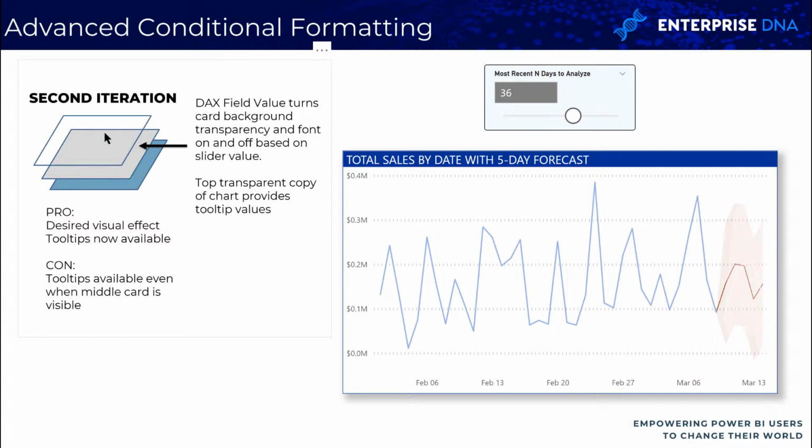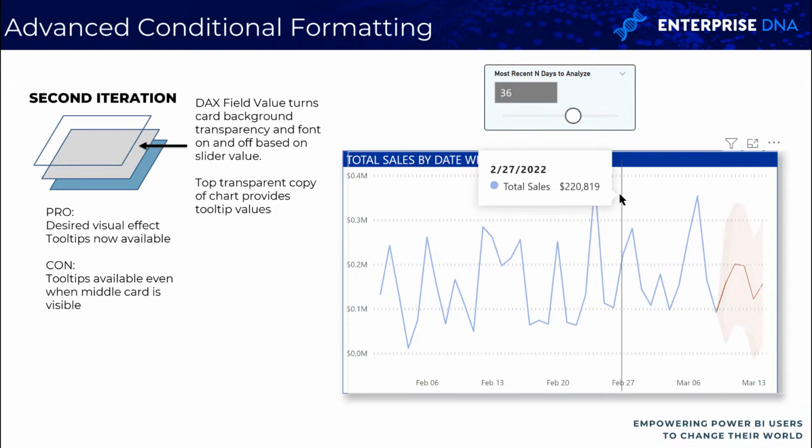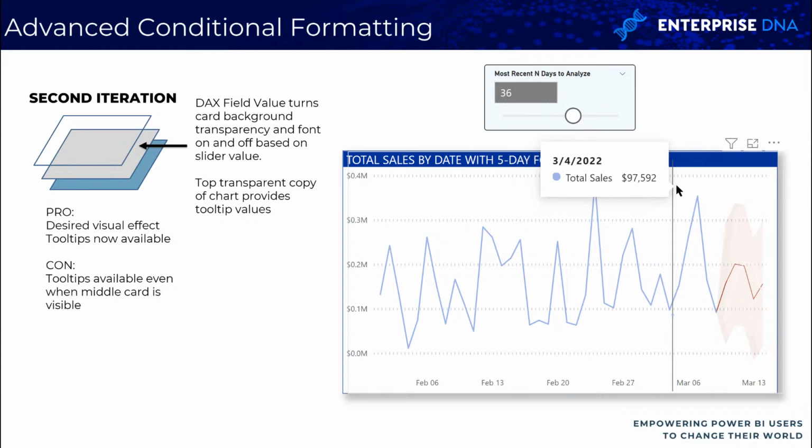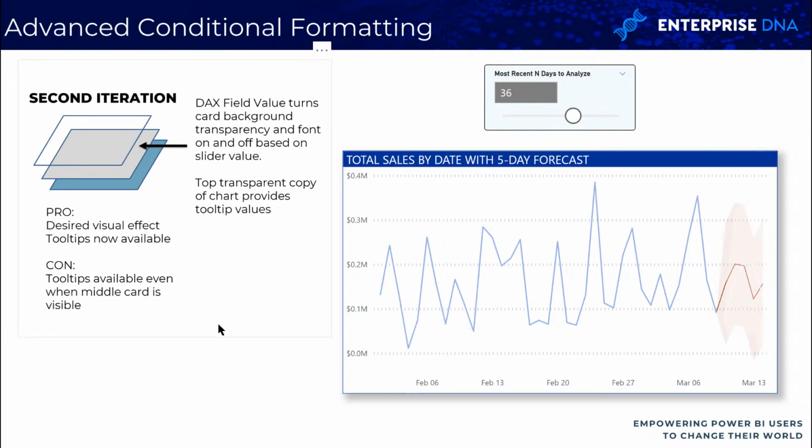So that it would mimic the chart on the bottom, but then it would provide tooltips. And so you would have the transparent version above the card, providing tooltips through that copy of the chart. And that worked pretty well. That was, I think, a pretty good solution.